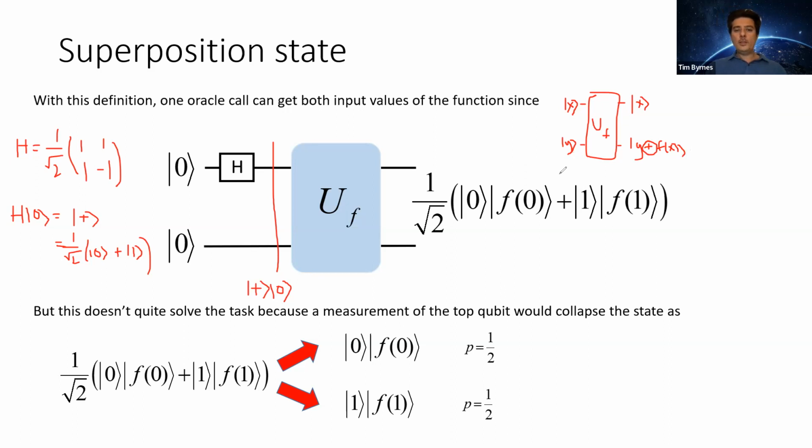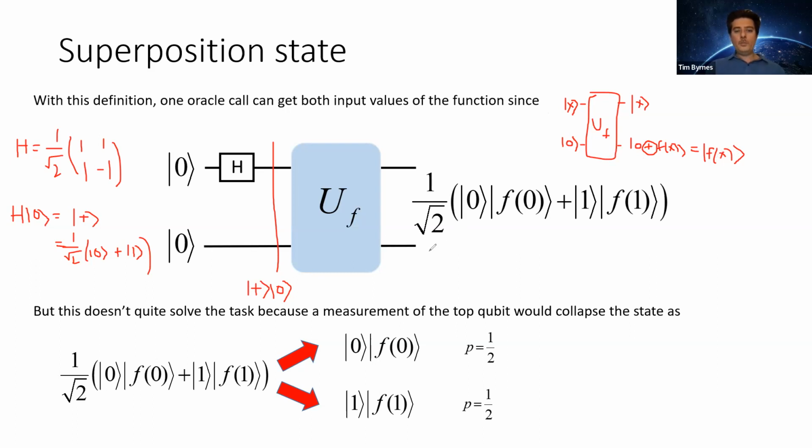So let's look at the case when this input here is 0, because in this case, that's what we have. This is just 0. So in this case, we've got the 0 state, and this is 0 plus f of x, and so this is actually equal to f of x. So if you just input 0 here, then the output of f of x is just output on the second qubit here.